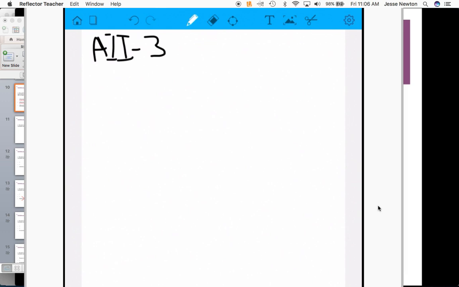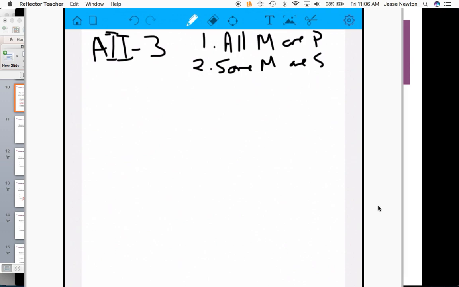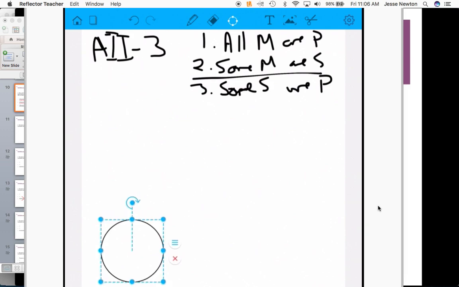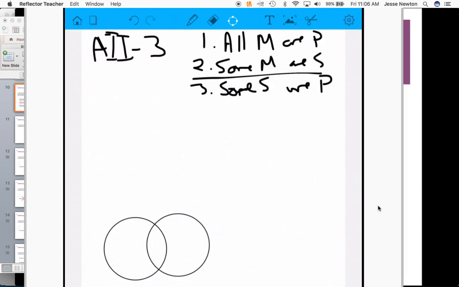So this is AII-3, and that argument is going to be: all, and since it's 3, the middle term comes right here, RP; to some, the middle term is here, RS; therefore some SRP. Now, is this a valid argument? Well, that is a wonderful question. I am so glad that you cared to ask.